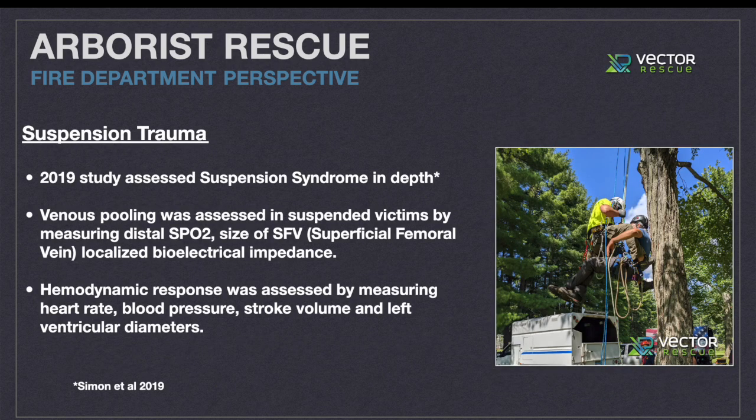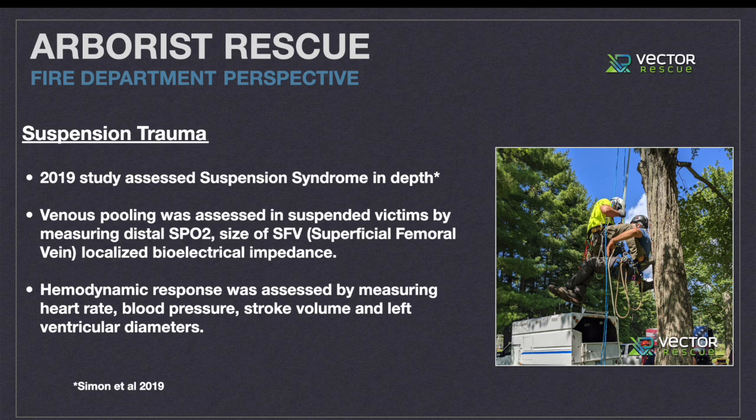So in 2019, a big group got together. They found 30 volunteers to assess what they called suspension syndrome. And they put all kinds of monitoring equipment on these volunteers. They wanted to measure venous pooling, so deoxygenated blood in the legs, using distal, meaning far away from the heart, SpO2 monitoring, so your pulse ox, and the size of the superficial femoral vein, which is a vein that returns blood up from your lower extremities, by measuring what they call localized bioelectrical impedance.